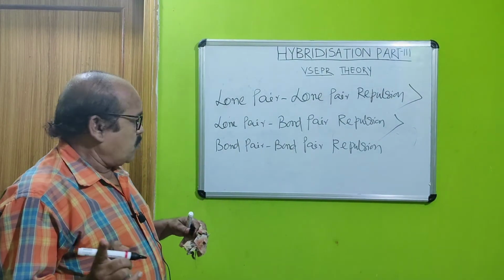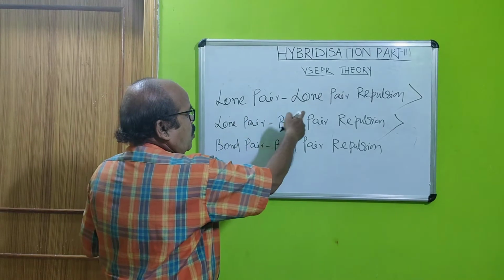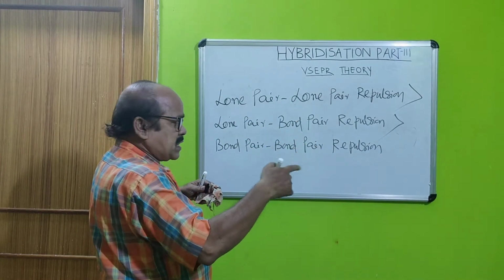This VSEPR theory says lone pair repulsion. I shall describe the details.